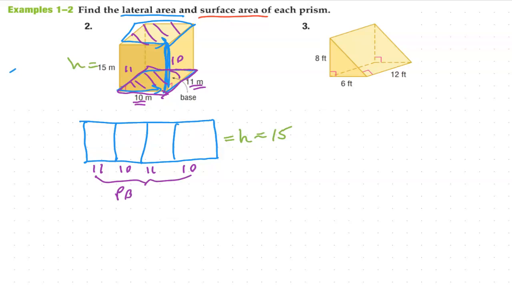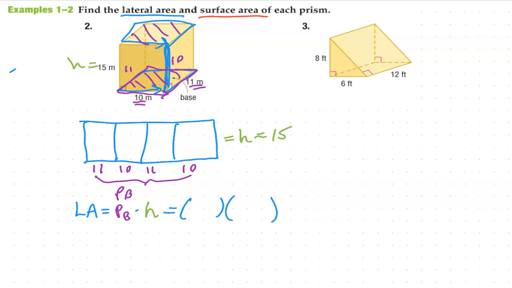And so we would go ahead and do the perimeter of the base times the height, just like we did last time. So the lateral area is equal to the perimeter of the base times the height. And that ends up being equal to, let's see, the perimeter of the base, we can add that up in our head.